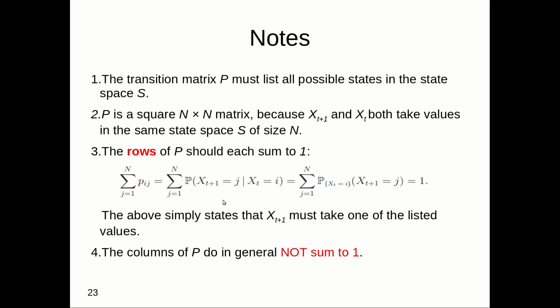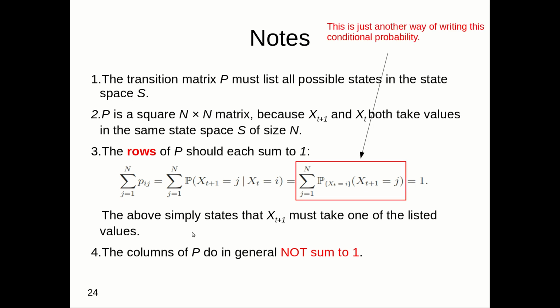And what that actually means, this is the important thing that you need to remember, is that the above equation simply states that x_{t+1}, my next state at time t+1, must take one of the listed values, right? It must be in one of the n states of my state space S. Another note is that the columns of P do in general not need to sum to 1 and don't do so.